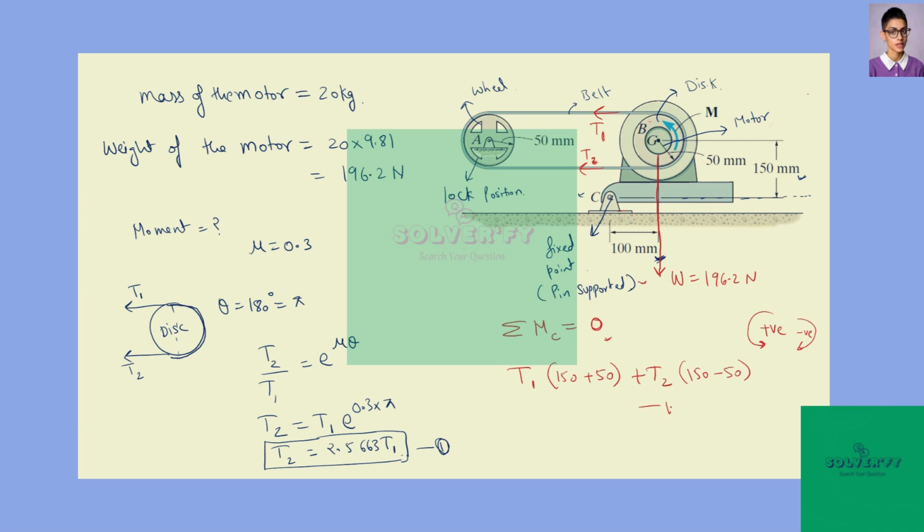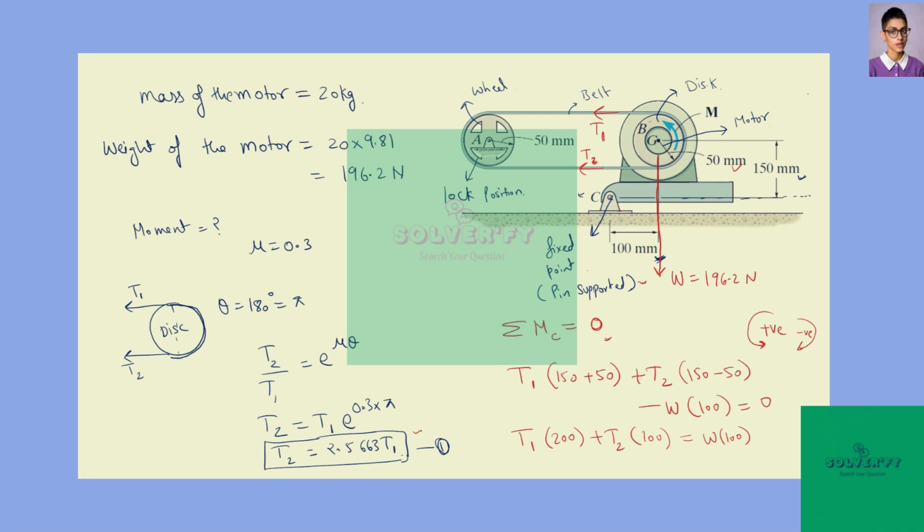Next weight, and this distance is 100 mm, equal to 0. So 150 plus 50 is 200. T1 times 200 plus T2 times 100, all the dimensions are in mm, equal to W times 100.